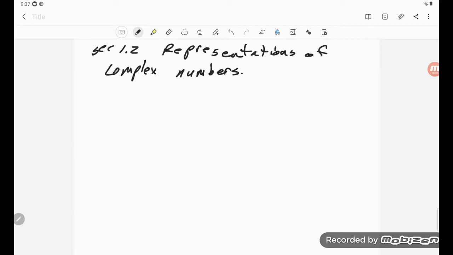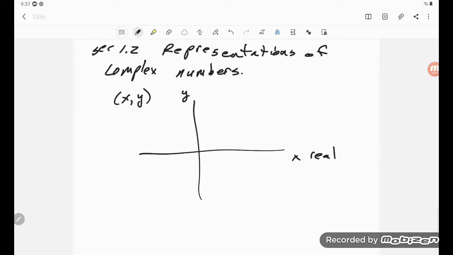Okay, so the first thing is simply if we think of them as an XY pair, then we can go to the Cartesian plane, and here's where we usually put X and here's where we usually put Y. Now in this case, we're going to call this the real axis, and the Y, since we think of z equals x plus iy, this is imaginary.